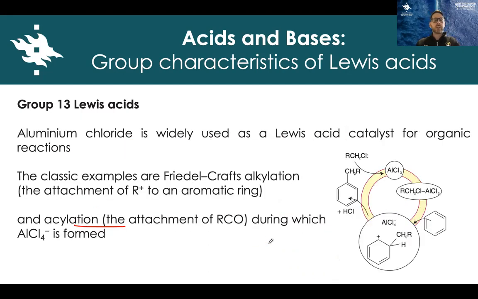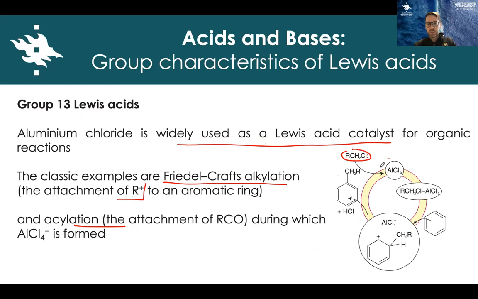And then when we are talking about aluminum chloride, in terms of applications, it's widely used as a Lewis acid catalyst for organic reactions, such as Friedel-Crafts alkylations, which refers to attachment of an R plus species to an aromatic ring. So here is the explanation.